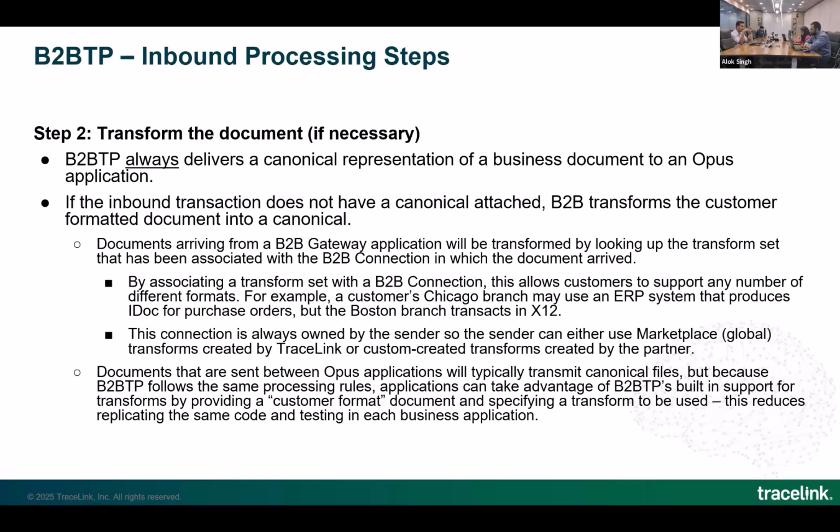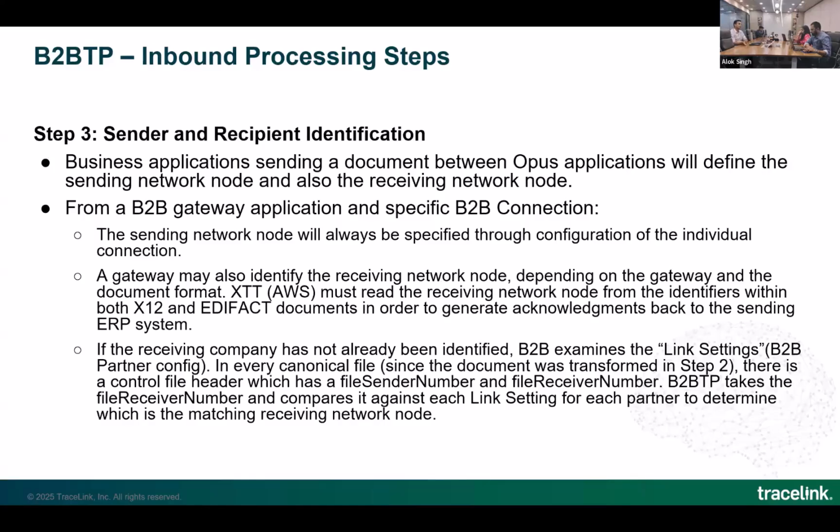So it will go read that. It will convert the customer format, in our case, X12 format, into the canonical. That's the second thing that B2B does. Ignore everything else. We can talk about that later, but that's step number 2.